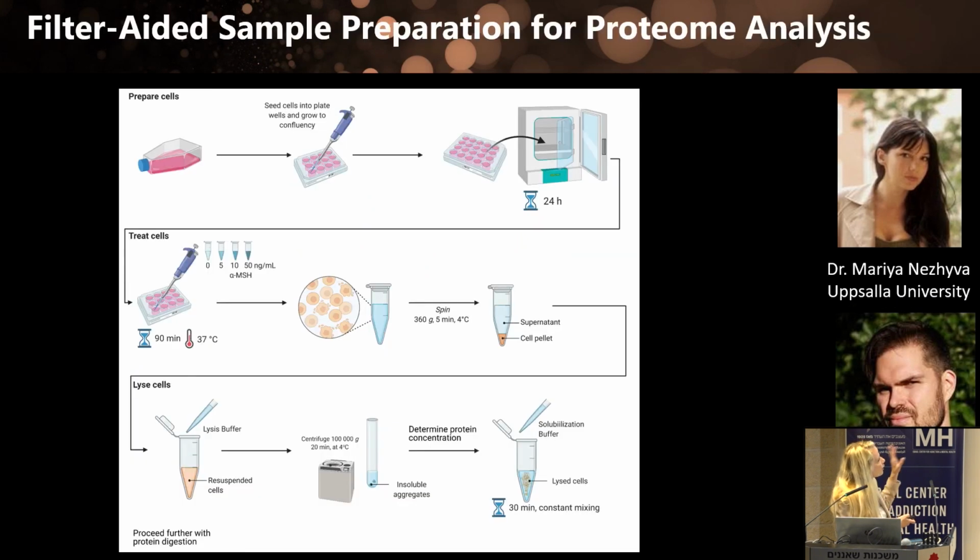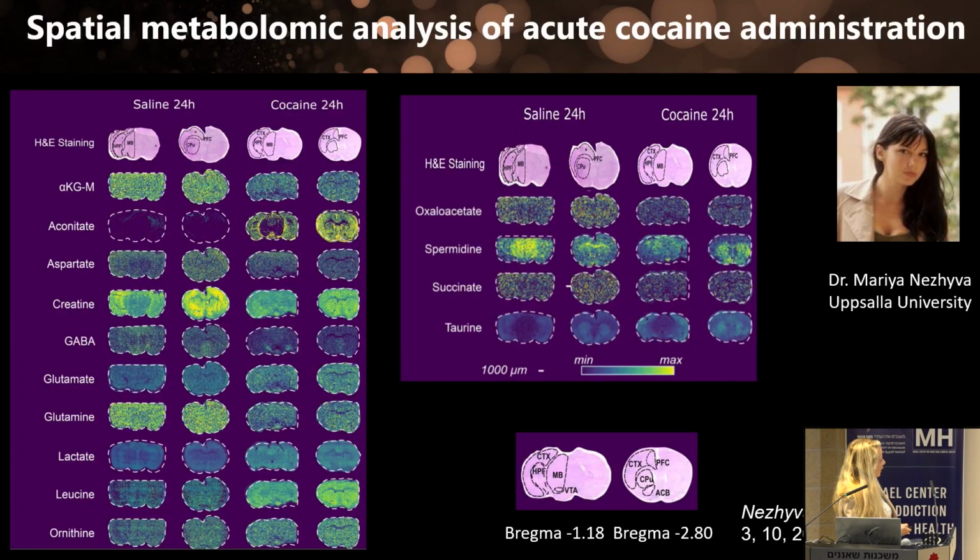So this is the workflow, practically a lot of steps, but at the end you can get proteome from a very small sample and then compare it with the metabolome, with the spatial metabolome that we can get from our instruments. Okay, so those are the brains after saline administration and cocaine administration after 24 hours.